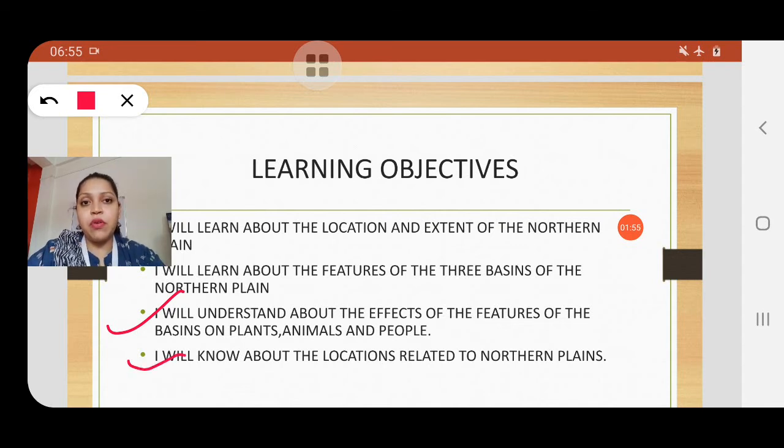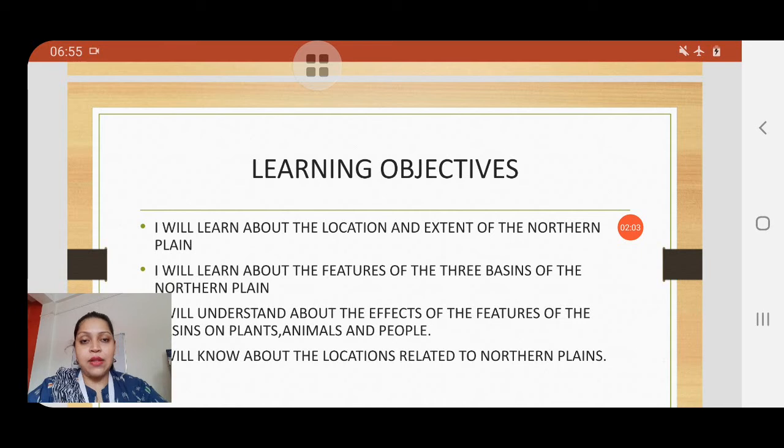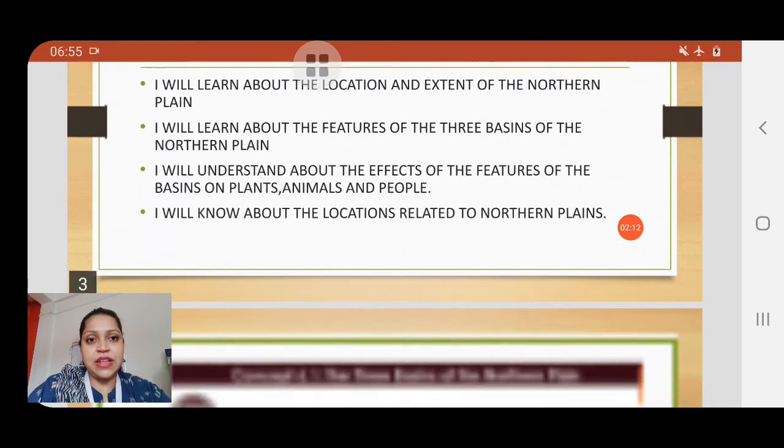And number 4, we'll study about the locations related to Northern Plains. So these are the objectives. I'll upload these objectives in the Google Classroom and you'll write from there in your copy. So let's proceed with the lesson.